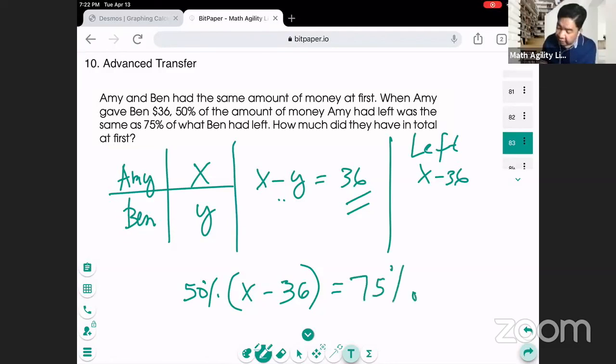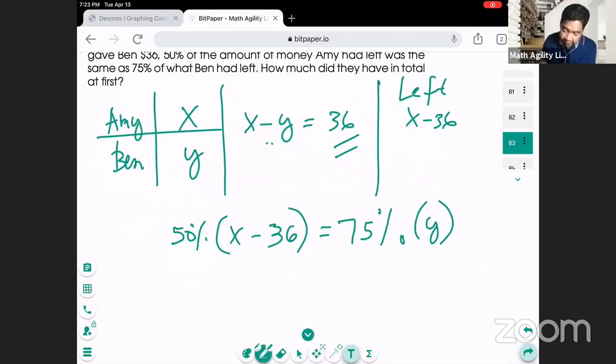So 75% of what Ben had left is equal to Y, right? So let's distribute 50% here. So this would be 0.5x minus 18, and this would be 0.75y.